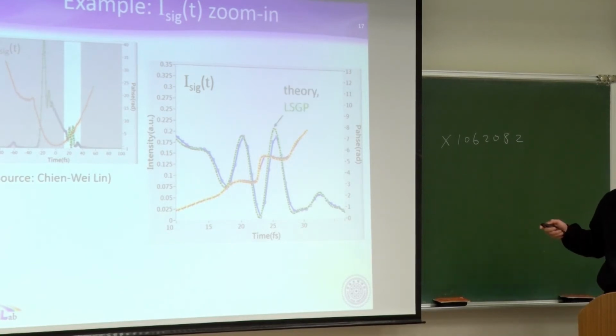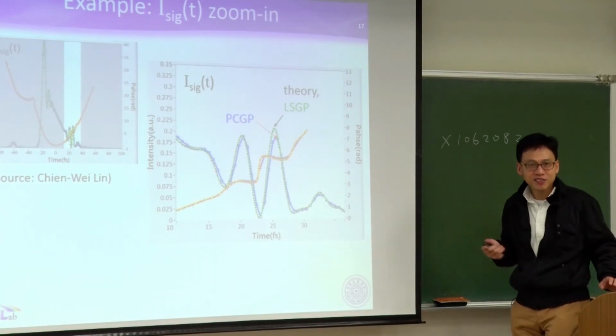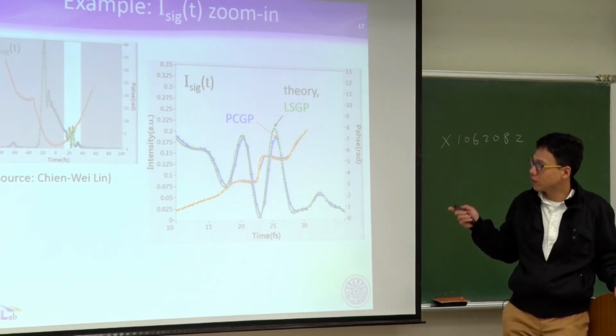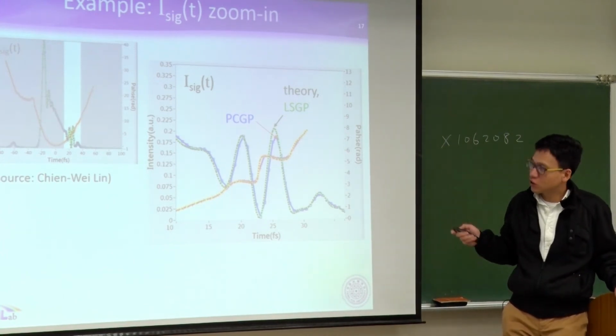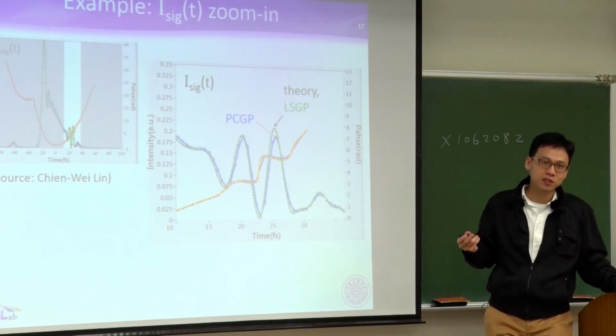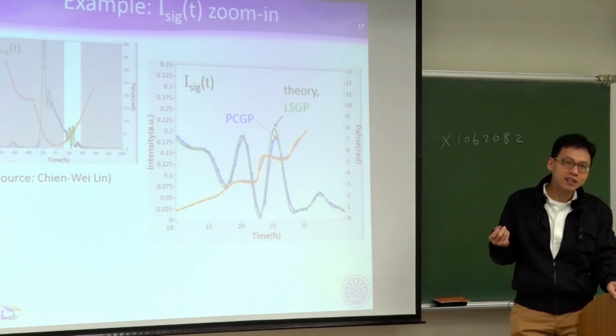You can see the theoretical curve and the LSGP curve overlap perfectly. But this time you can identify some difference between the PCGP curve and the other two. So that means in this case, PCGP is slightly worse than LSGP in terms of accuracy.